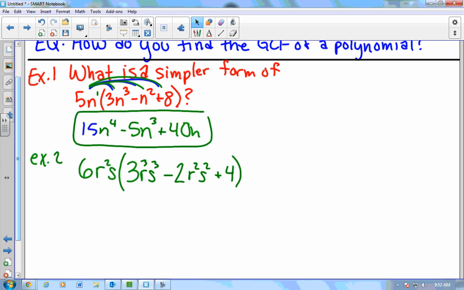And then once you're done, check with your neighbor, see if they have the same. Double check with your neighbor, see if they are getting the same as you. We just reviewed one of these and there are two variables. What do you do?